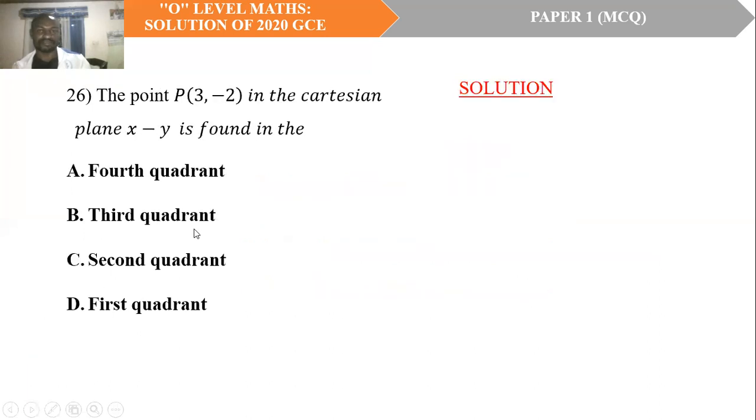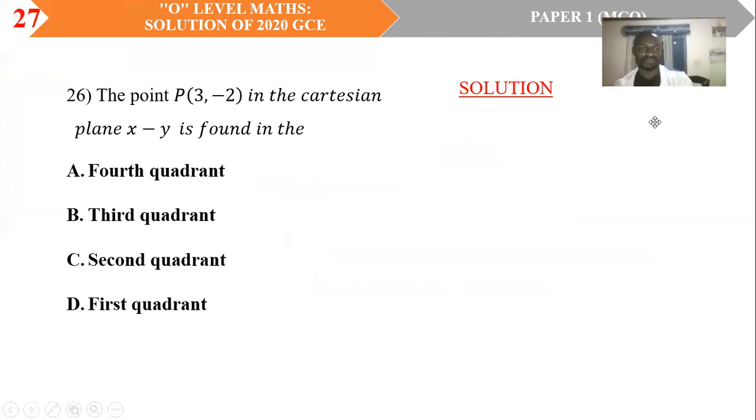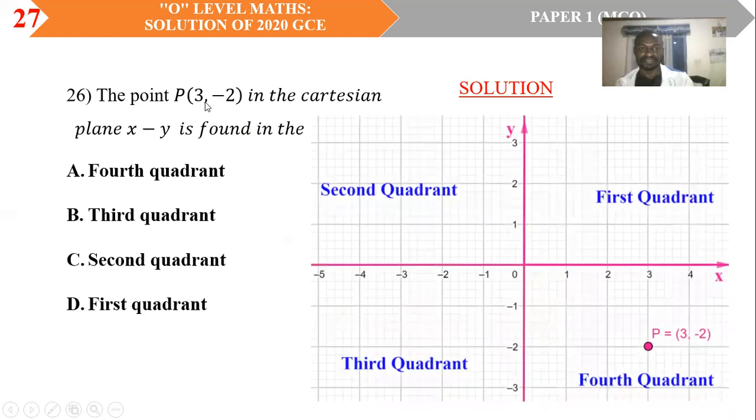Question 26. The point P(3, -2) in the Cartesian plane XY is found in... Plotting the point (3, -2), this is where the point is plotted, where the line drawn from 3 vertically and the line drawn from -2 horizontally meet.